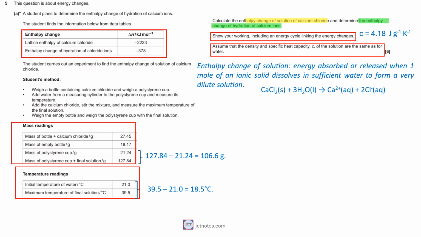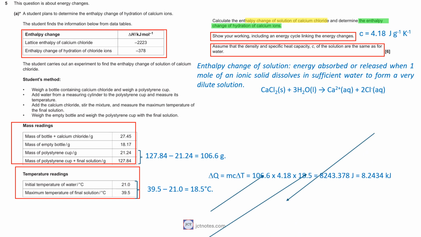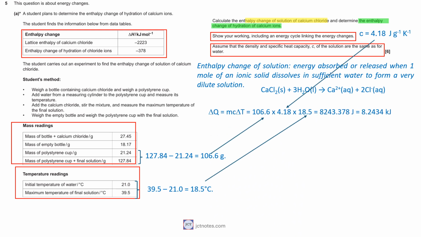We can calculate the enthalpy change, the heat energy of the solution at constant pressure, using heat equals the mass of the solution times its heat capacity times the increase in temperature. Replacing the data that we have, I get that the enthalpy is 8.2434 kilojoules. As the reaction is exothermic, this value is negative, minus 8.2434 kilojoules.